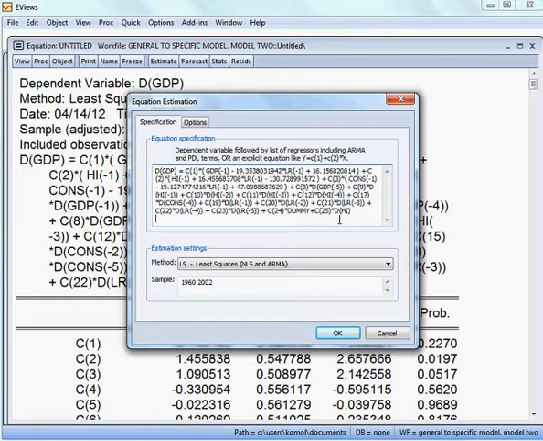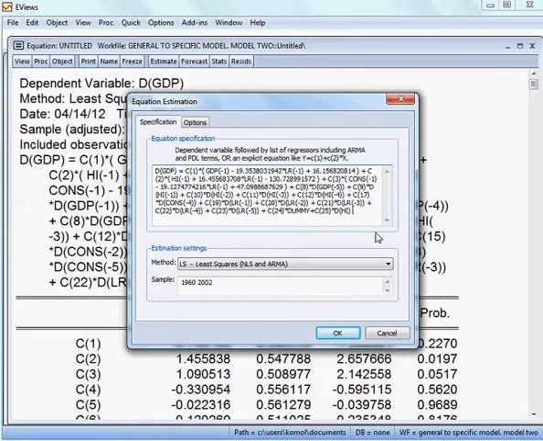Because in a time series model, the variable must be stationary. Only then can we run the time series model. So our model is a time series model, so the variable must be stationary.